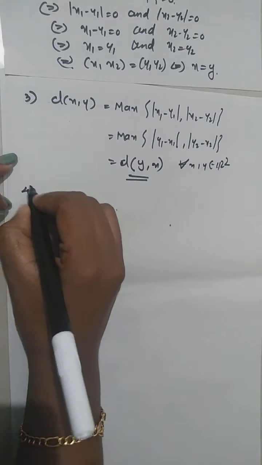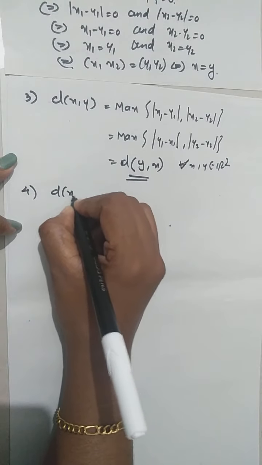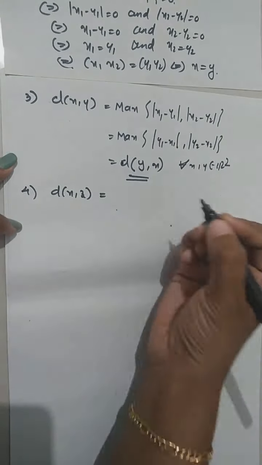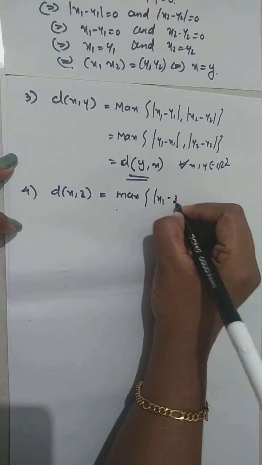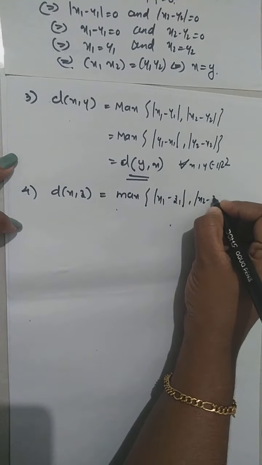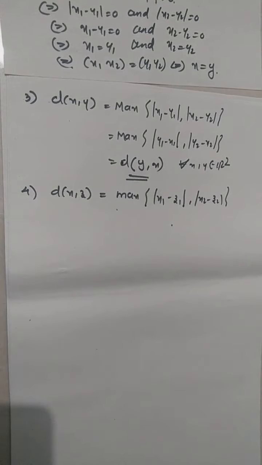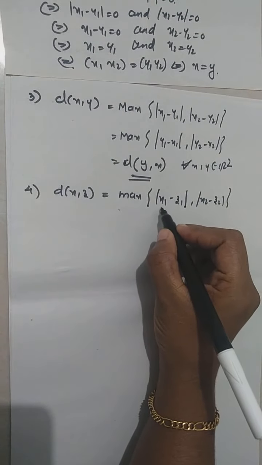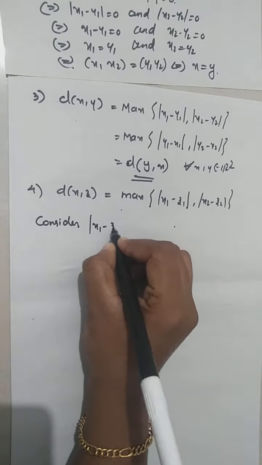Now the last part, the triangle inequality. For that we consider d(x,z). d(x,z) will be the maximum of modulus of x1 minus z1, comma, modulus of x2 minus z2. Now consider the first term, modulus of x1 minus z1.